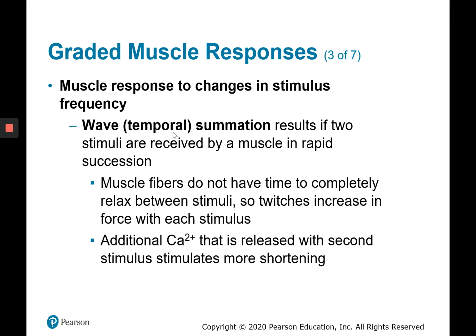So wave summation is the same thing as temporal summation. And because the muscle fibers don't have time to completely relax before another stimulus arrives, we see that the tension buildup from each contraction gets greater and greater as we get more stimuli. And that's because we have additional calcium being pumped into the sarcoplasm and acting as that go signal for contraction and prolonging the cross-bridge cycle.